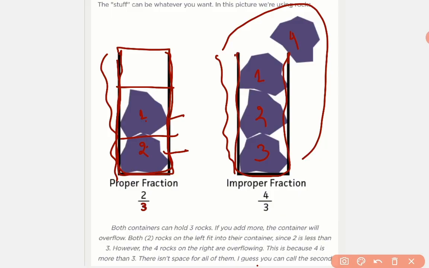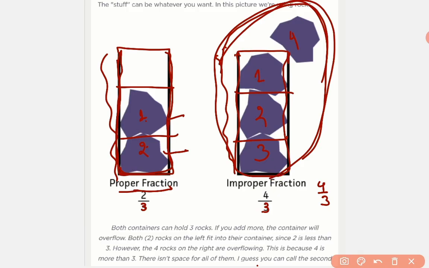This is a clear understanding of the difference between proper and improper fractions. A proper fraction should be less than the whole, as it is showing here. An improper fraction becomes improper when it is very heavy. This container can hold only three stones, but in this picture you're trying to put four stones in it, so we can write this picture fraction as 4 by 3.